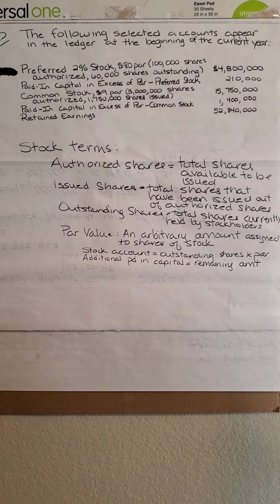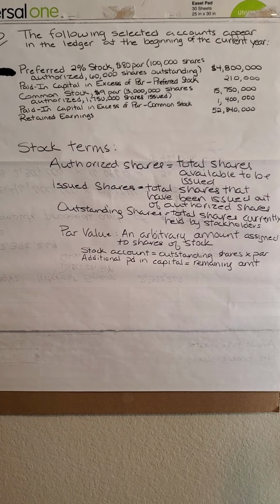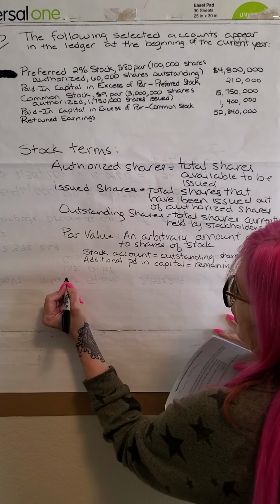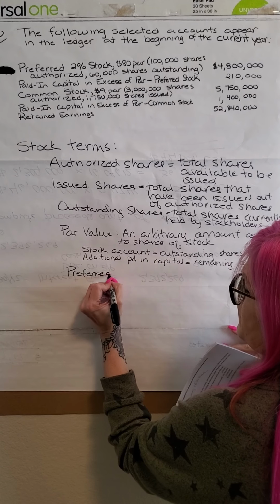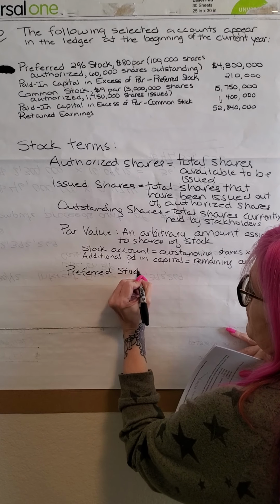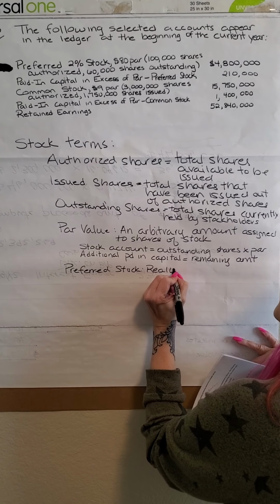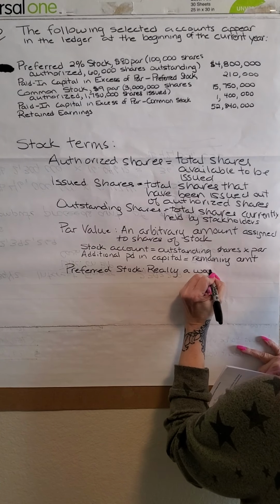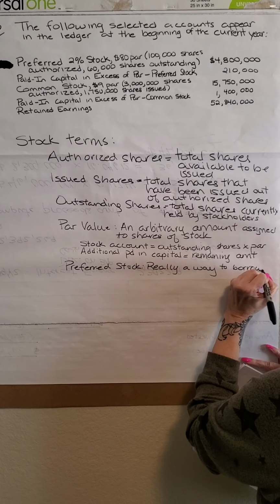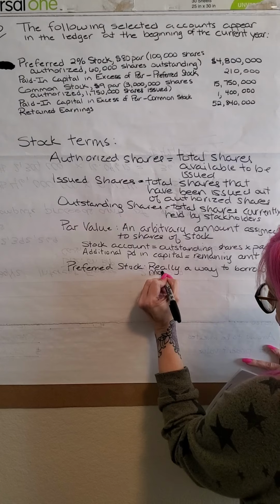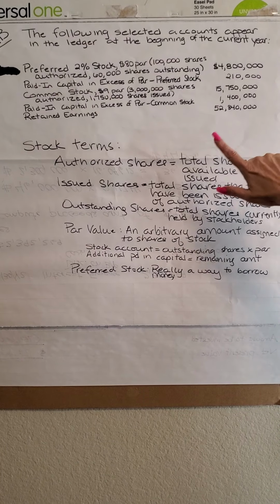When we're dealing with preferred and common stock, preferred stock is really a way to borrow money without going to the bank. So you'll see it's got a much higher par value.